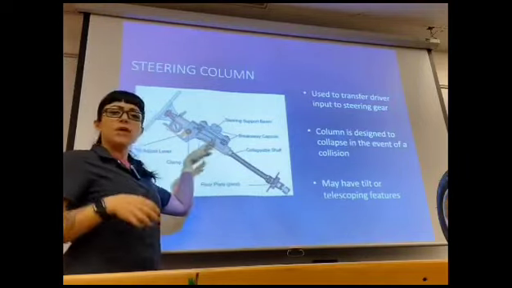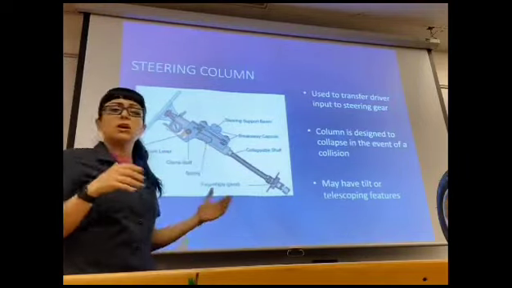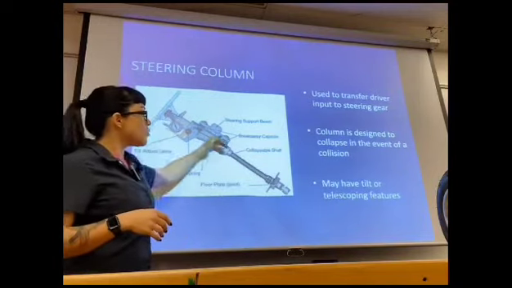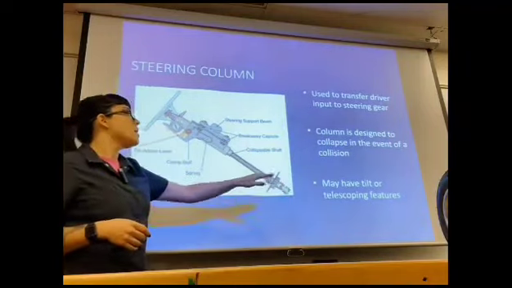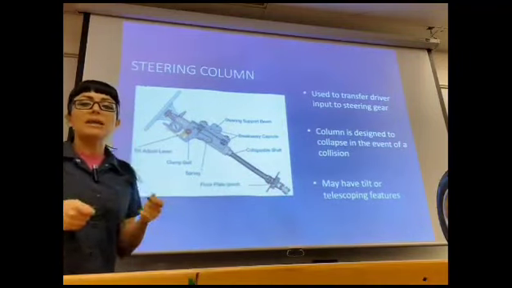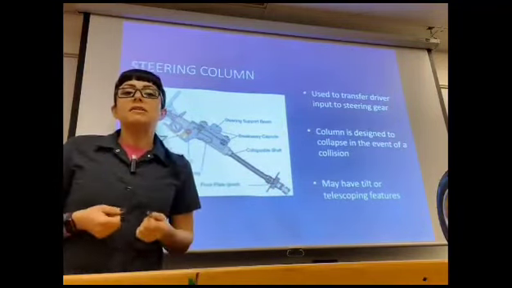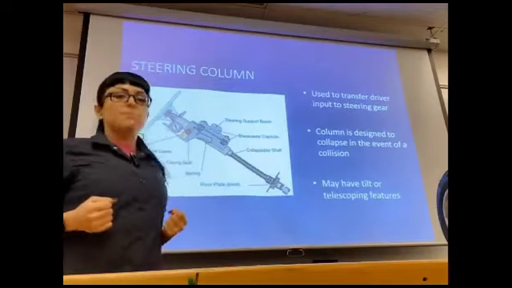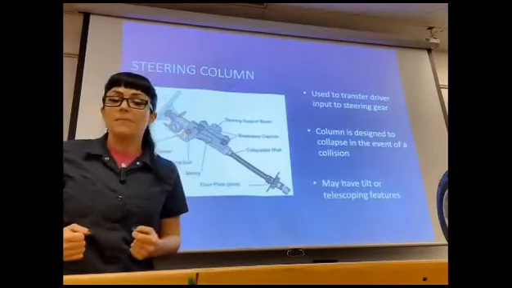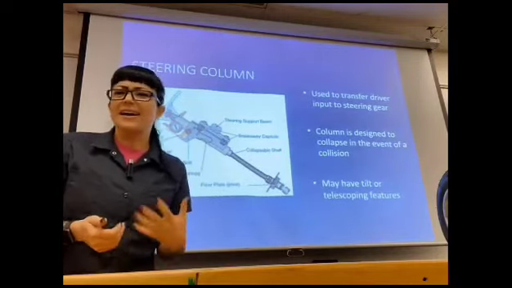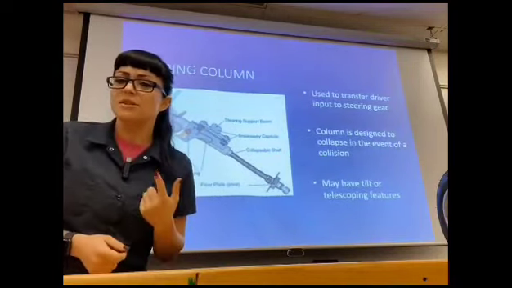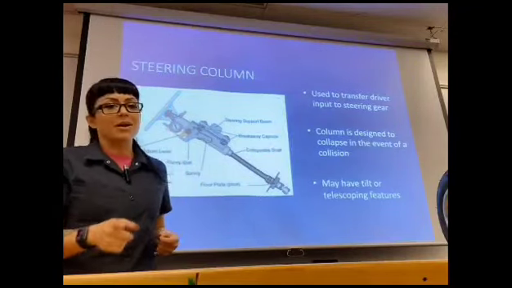It's important to know that any and all modern steering columns, so the column or the shaft that's going to go from your steering wheel down to the steering gear, is going to be collapsible. In the event of an accident, you don't want to be impaled by your steering column, which has happened plenty of times with older vehicles. I actually think that might be how James Dean died, but I can't remember, so don't quote me on it.